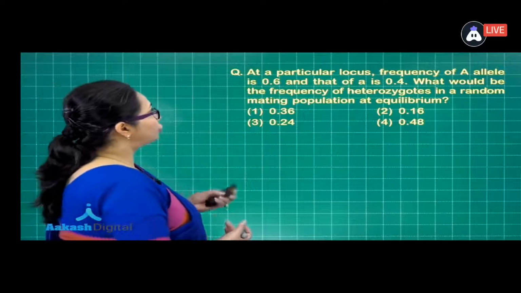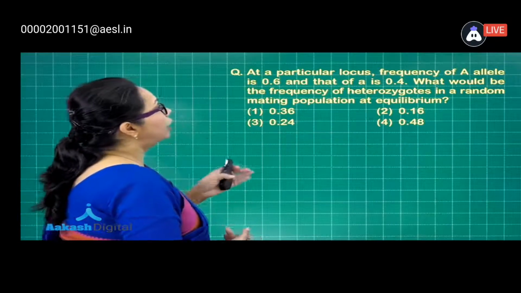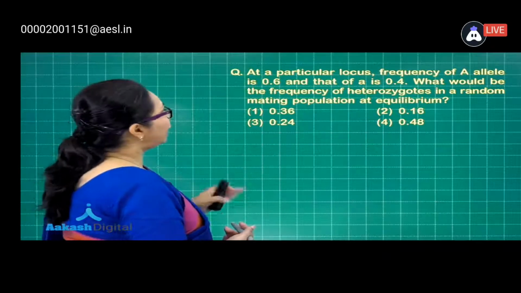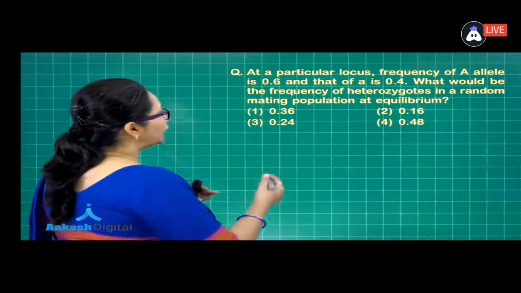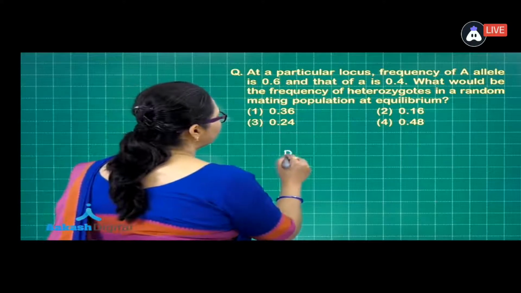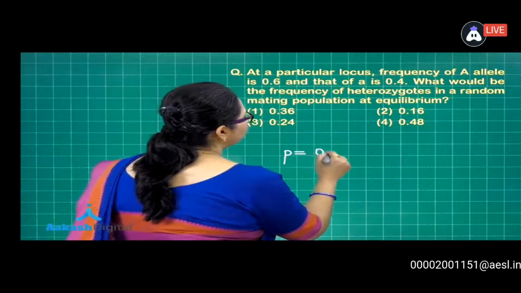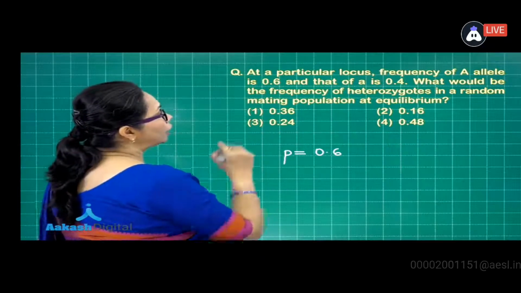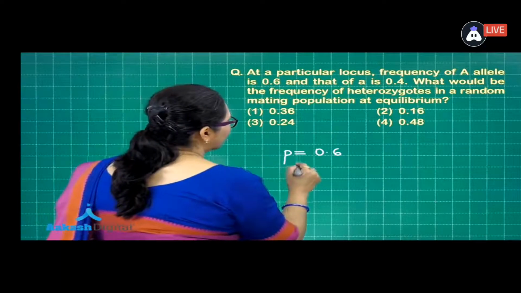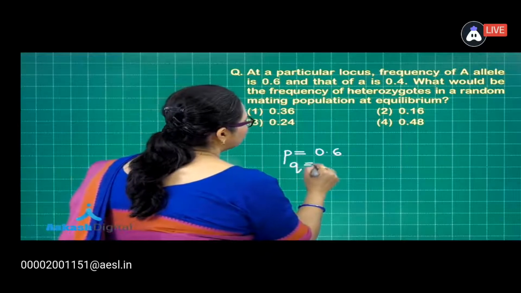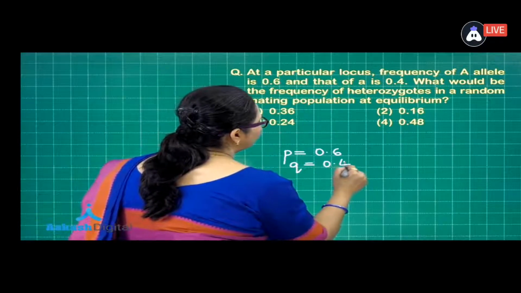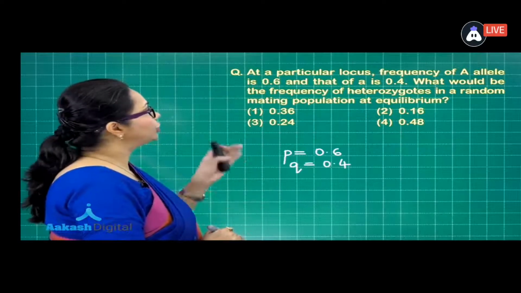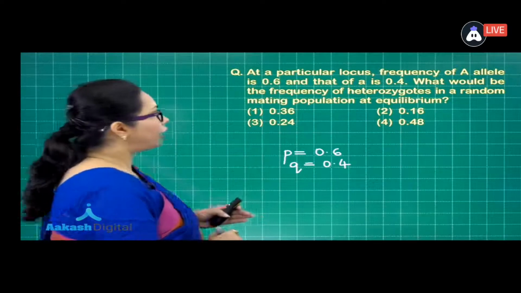Here we have a question: at a particular locus, frequency of A, that is the dominant allele, is 0.6. That means here we have been given p. p is 0.6, and that of the recessive, small a, is given as 0.4. So what would be the frequency of heterozygotes in a randomly mating population at equilibrium?